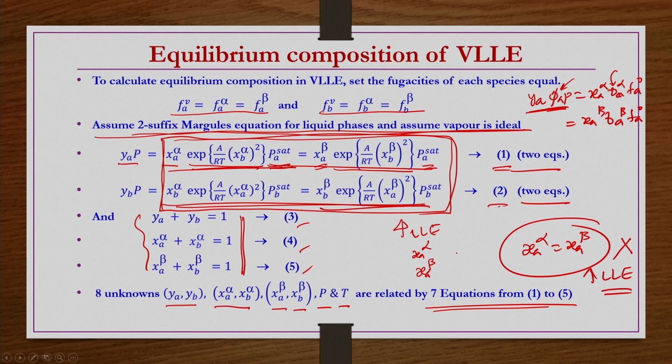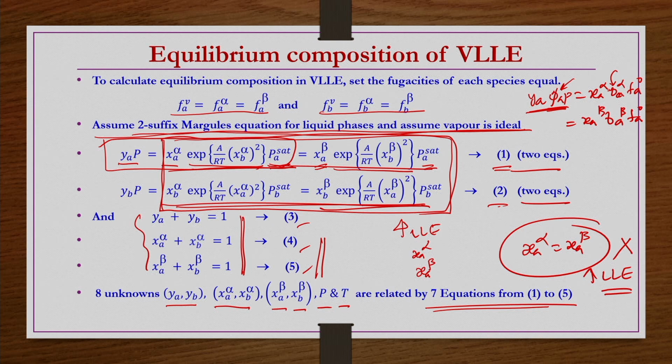If XA is known, XB can be easily known, satisfying these conditions exactly the same way that we did in the previous LLE lecture. Once we have XA alpha and XA beta, then either by taking this part or by taking the first and last term of these equations, you can solve the vapor composition part as well, where the pressure also comes into the picture. So, that segregation we can do here in the case of VLLE.